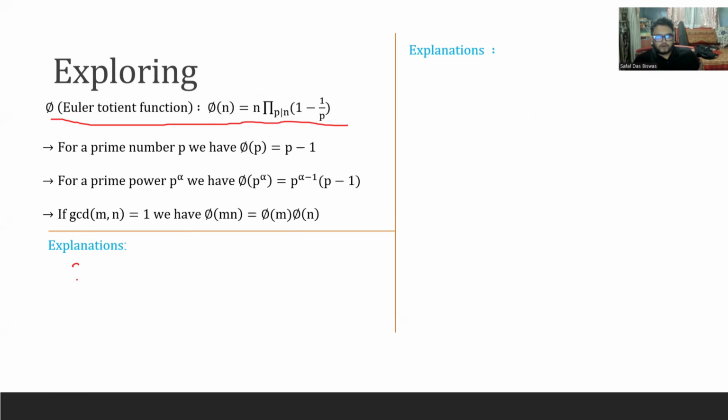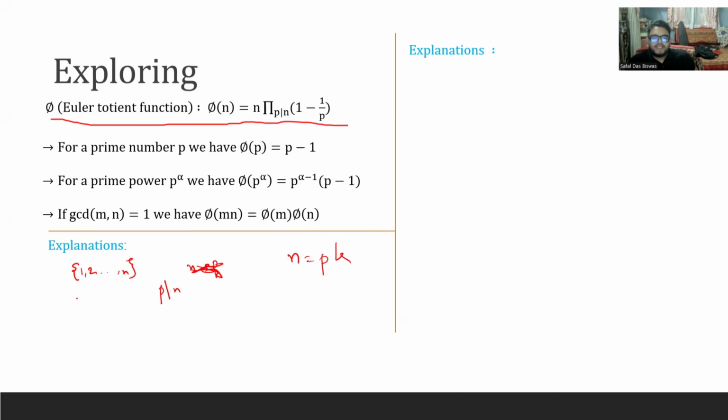So if you take all the numbers from 1 to n, right? So suppose you take a prime p that divides n, right? So n equals some pk, right?